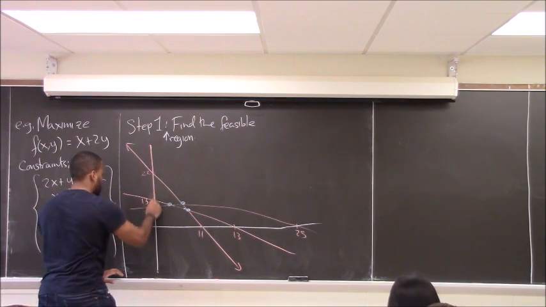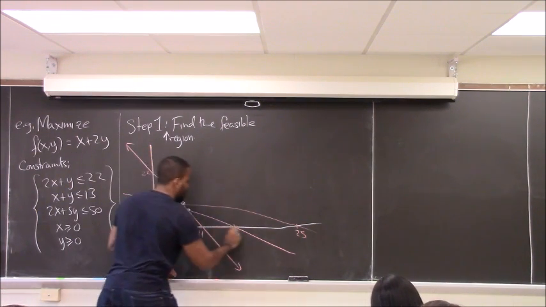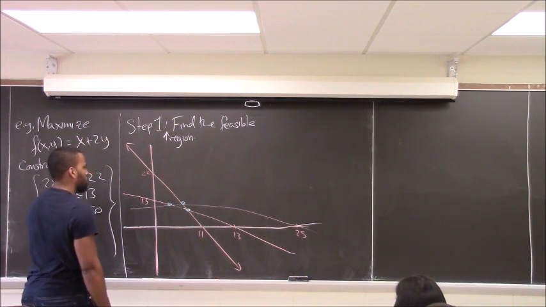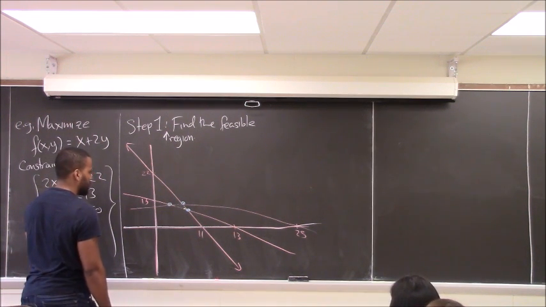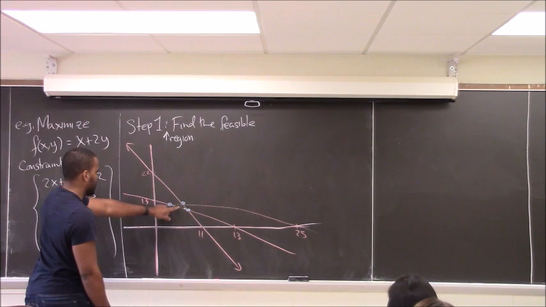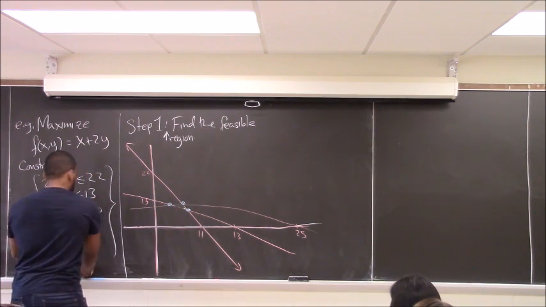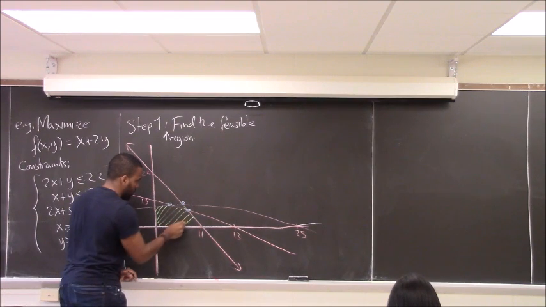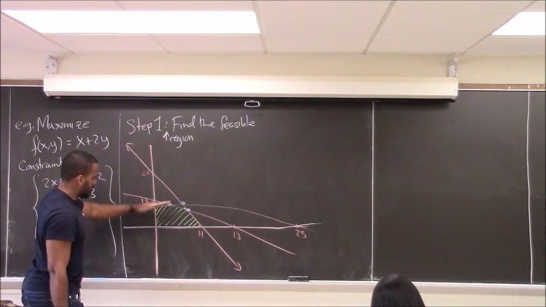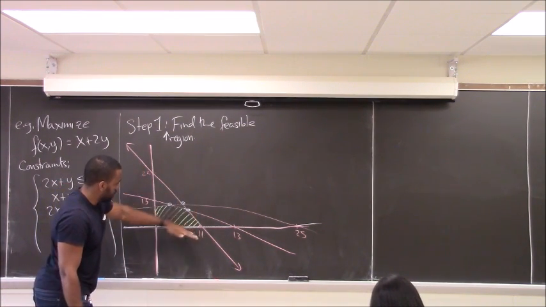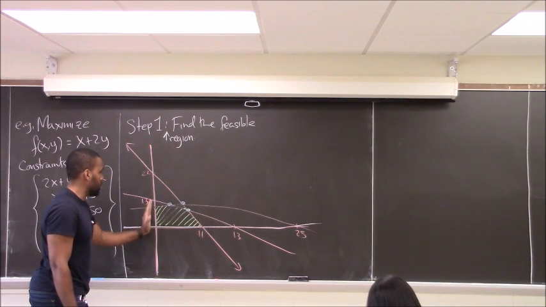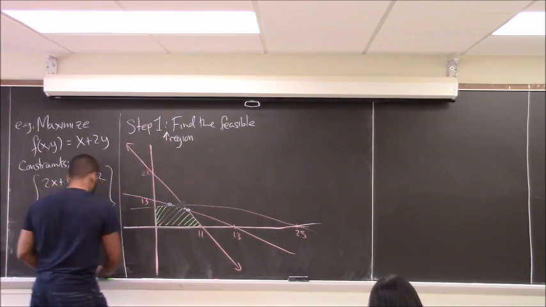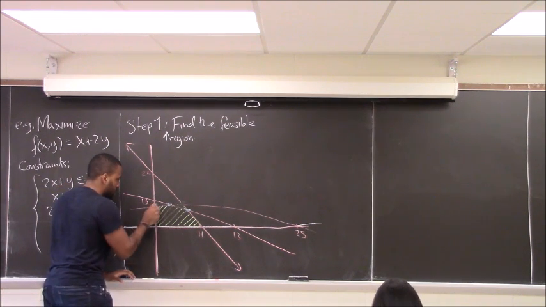We also have the x and y axes in play. We literally want to be below all the lines, because this area would be above this line. It's below this, below that, below this, above the y, to the right of x equals 0. So the points around us are these.